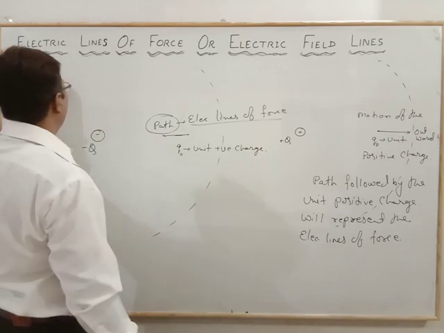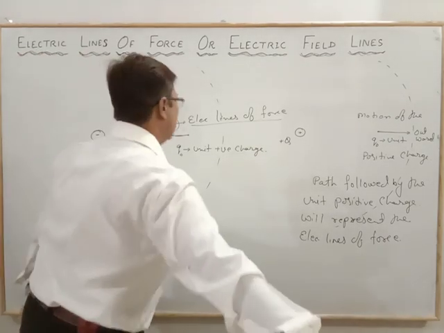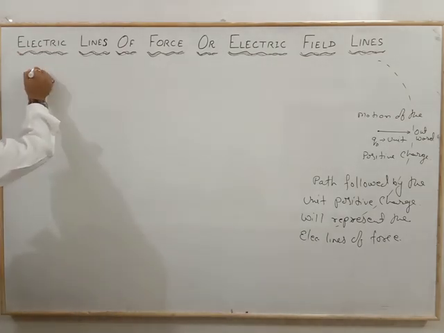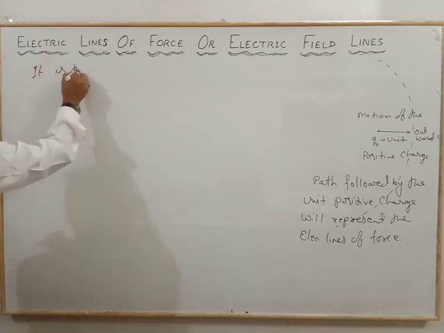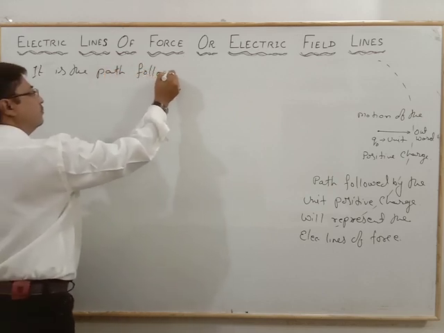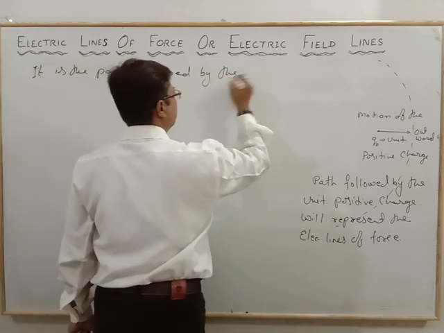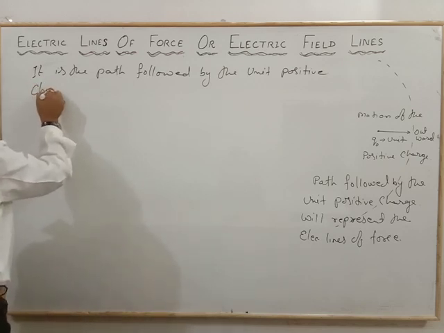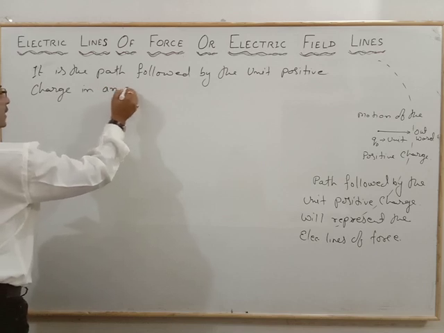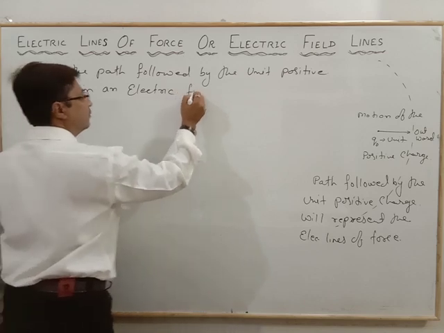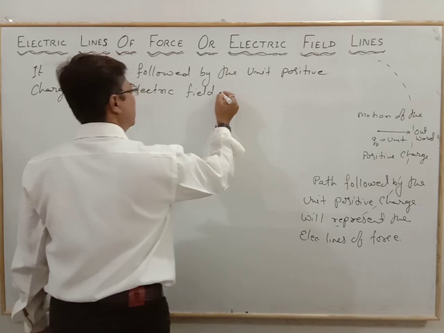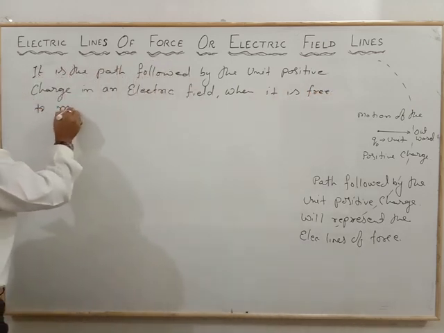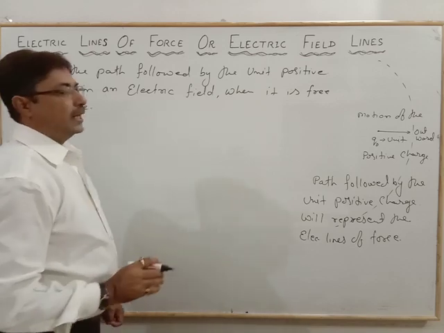So here we will write: the electric lines of force is the path followed by the unit positive charge in an electric field when it is free to move. That is the electric field lines.